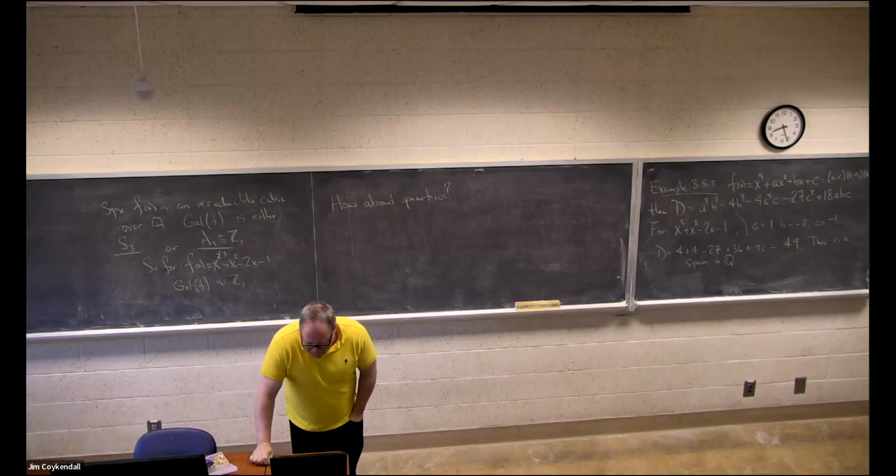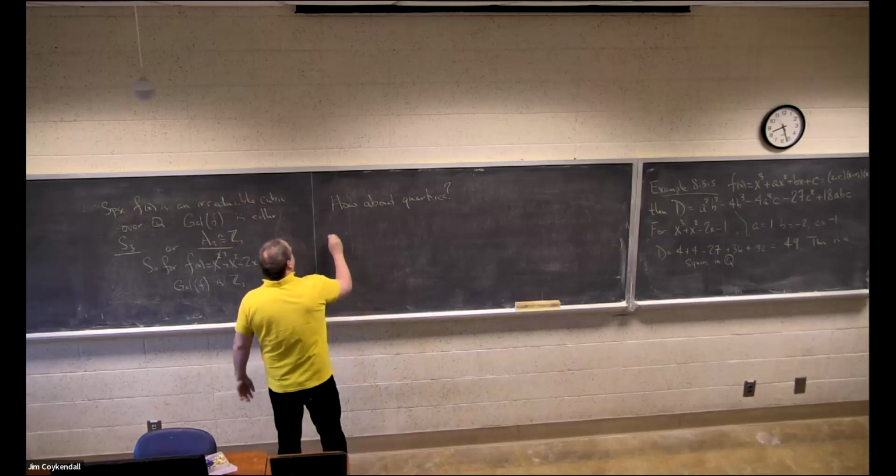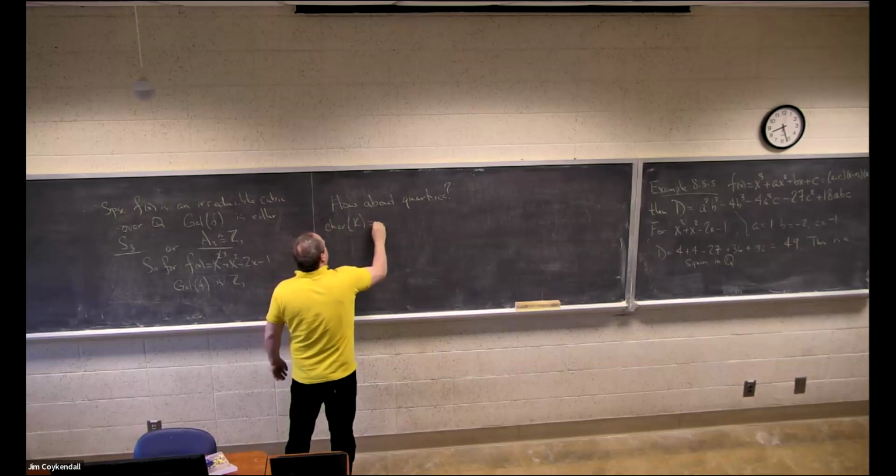So I'm going to assume that K is a field of characteristic not two again. F is an irreducible polynomial of degree 4 with distinct roots. So here's my setup. The characteristic of K is not 2.